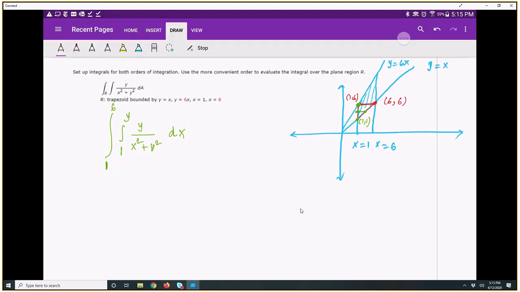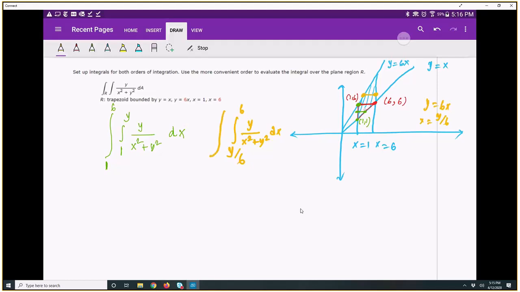Now we are interested in the other portion. This time, the value of x starts at the line y equal to 6x, so x is equal to y over 6. That's the lowest value of x. And it goes all the way till it reaches the line x equal to 6. So that's the upper limit. And again, I'm integrating the function y over x squared plus y squared with respect to x, and then I integrate with respect to y.